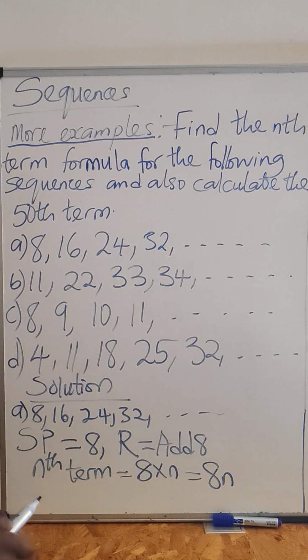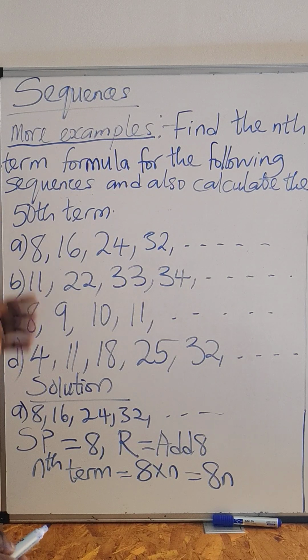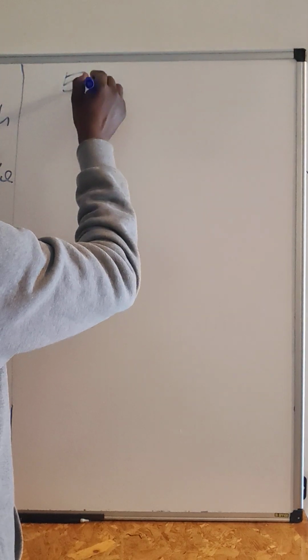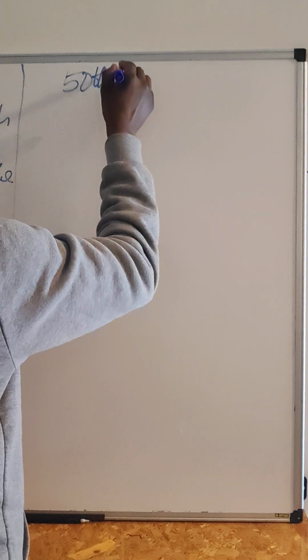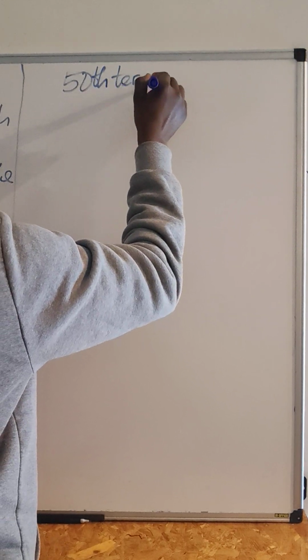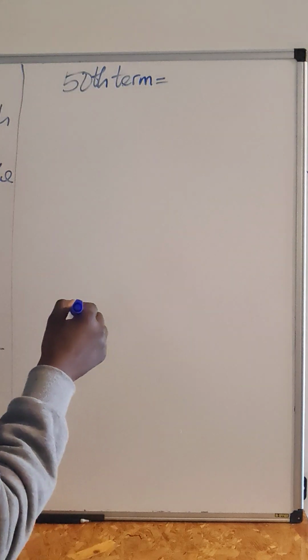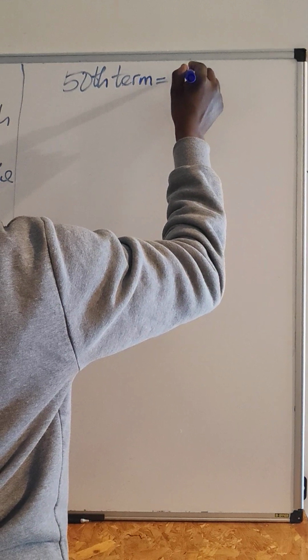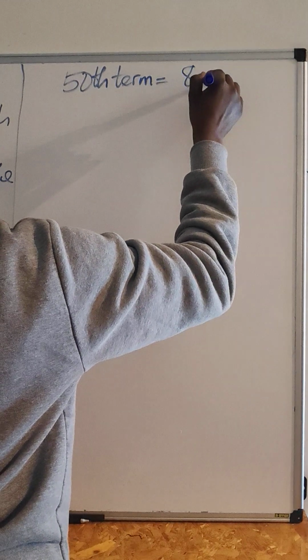Now we can move on to calculate the 50th term of the sequence. So viewer, for the 50th term of the first sequence, we're going to write the nth term is 8n.